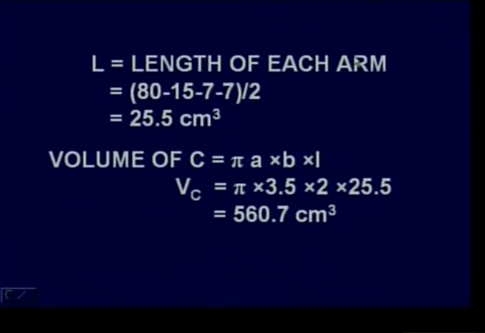Length of each arm from figure is 80 minus 15 minus 7 by 2, the value is 25.5 cm. Volume of C is pi a b into L. Substitute a is equal to 7 by 2, that means 3.5, b is equal to 4 by 2, that means 2, and the length is 25.5. The value becomes 560.7 centimeter cubed.